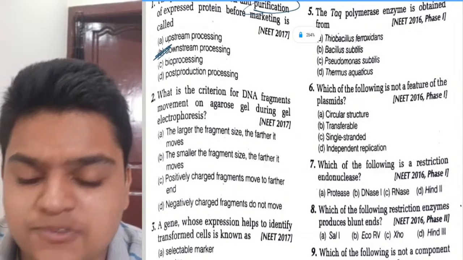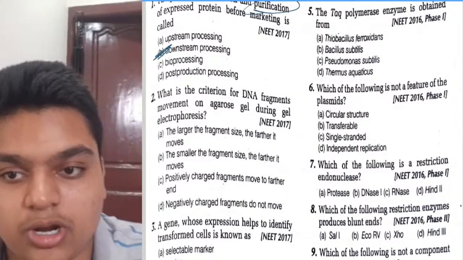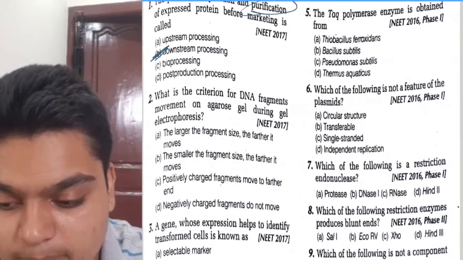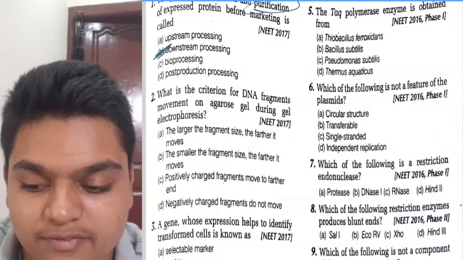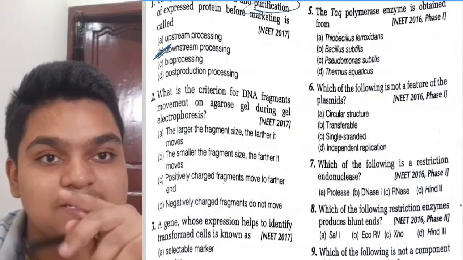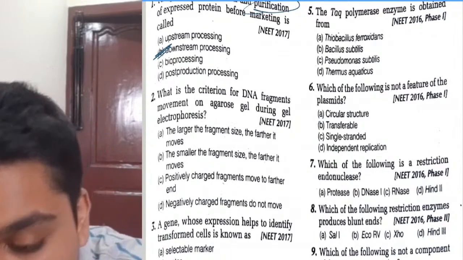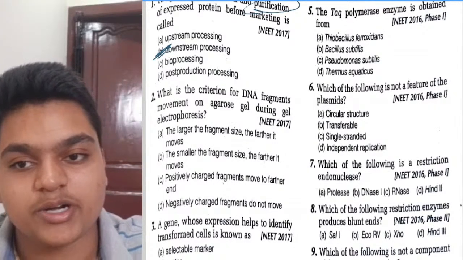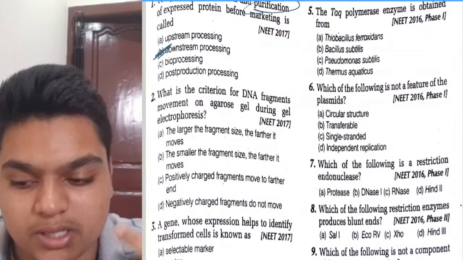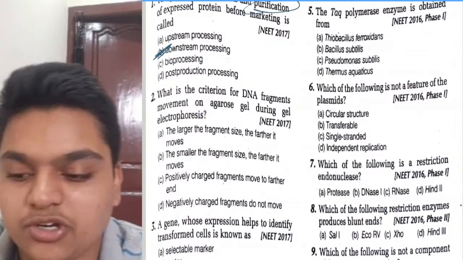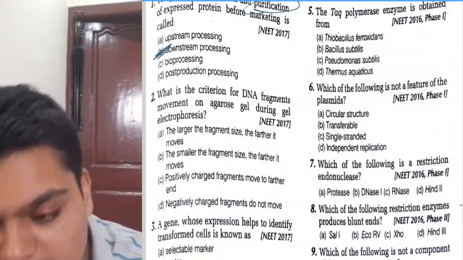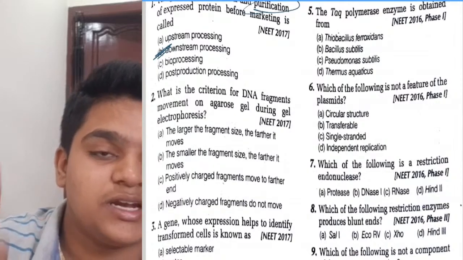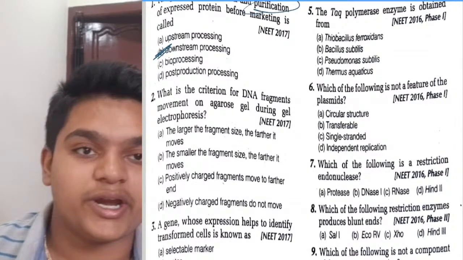For suppose upstream processing, you have never heard about upstream processing in the biotechnology part, so no need to consider that. Bioprocessing, that also we haven't. Post production processing, you might get doubt between downstream processing and post production processing. When you are reading your NCERT, you will be reading the words, and then your mind calculates the thing and says downstream processing is the correct answer. Follow the elimination method if you are not able to locate the correct answer.